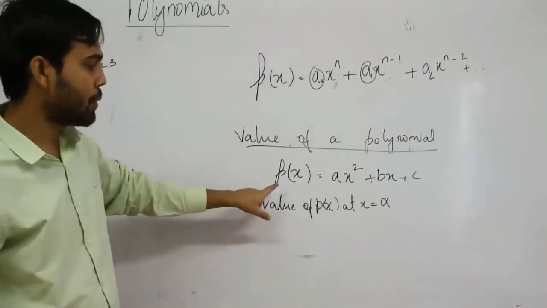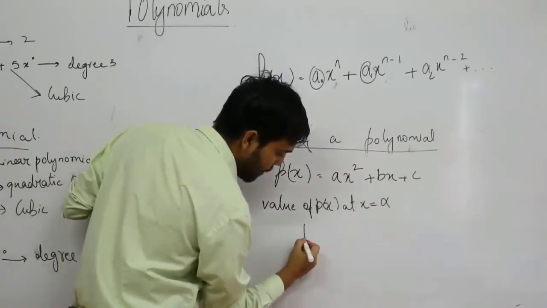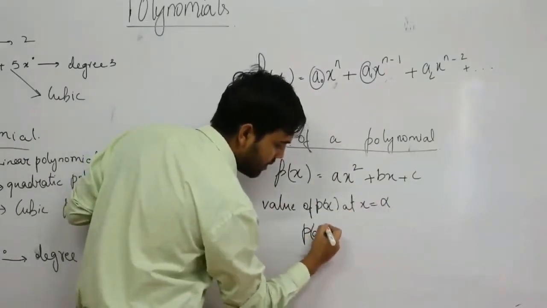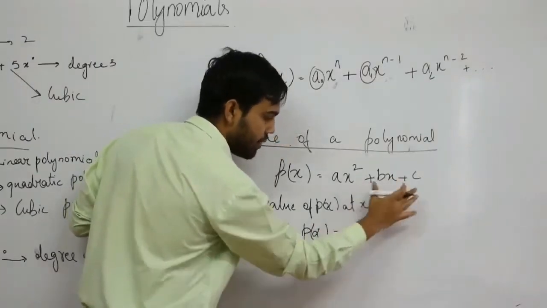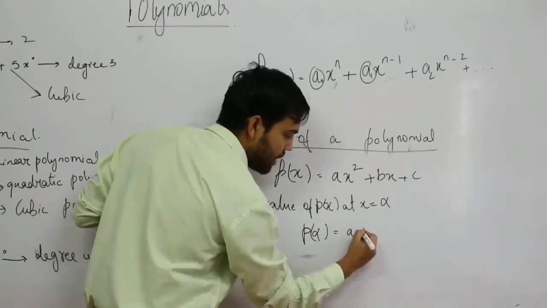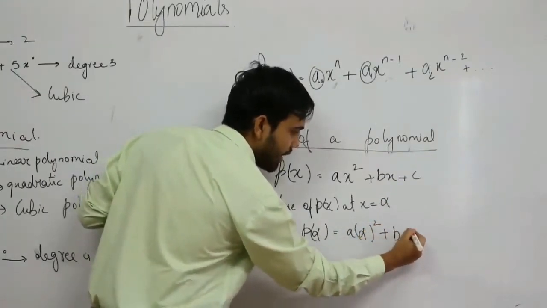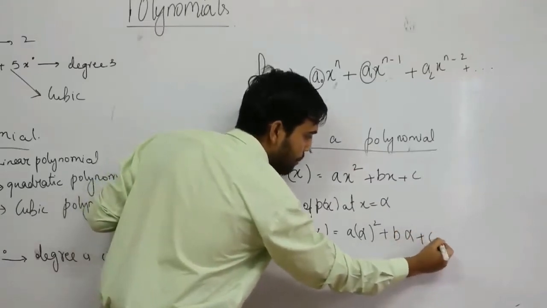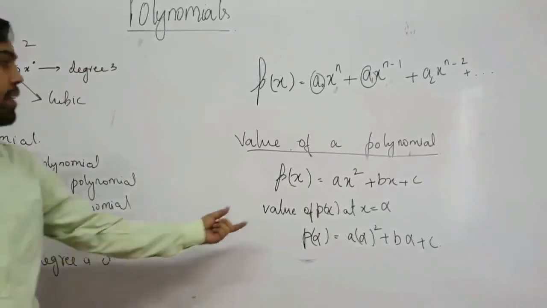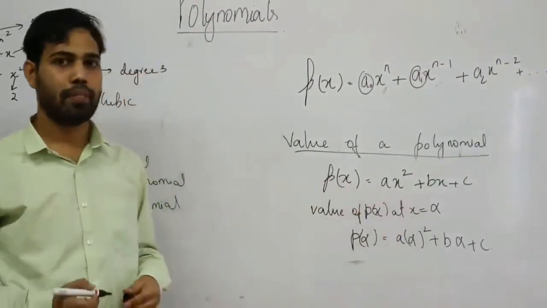So what will be the value of the polynomial at x is equal to alpha? I have P, instead of x I replace with alpha, and I will do the same here also. So I have a, instead of x I replace the value with alpha squared, plus b, again I have alpha, plus c. So this is the value of the polynomial P of x at x is equal to alpha.